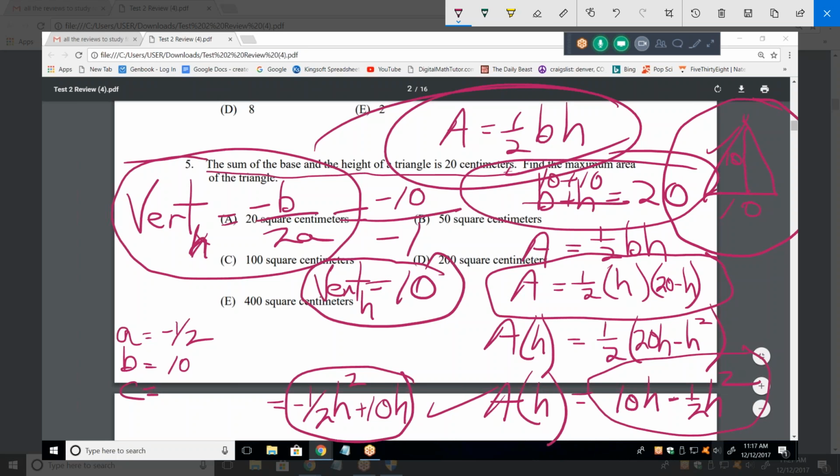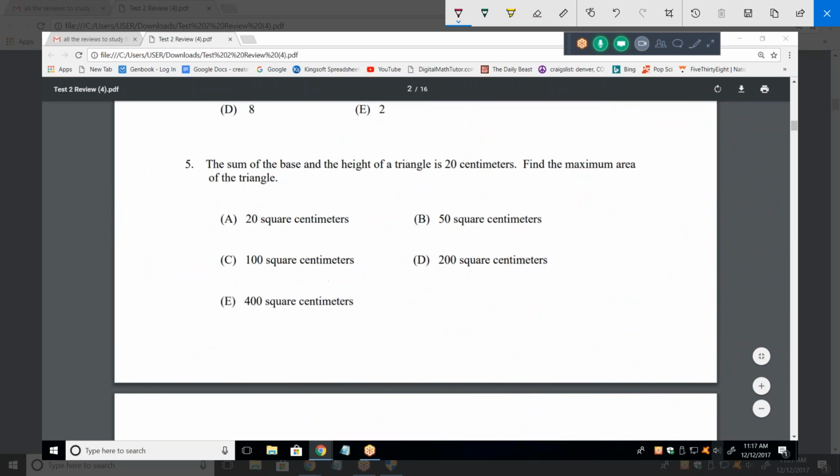Luckily, the answers they gave were all very far apart. In other words, if I assumed I was going to get an equilateral triangle, then there would be an answer slightly different than 50. In other words, it wouldn't be 10 and 10.